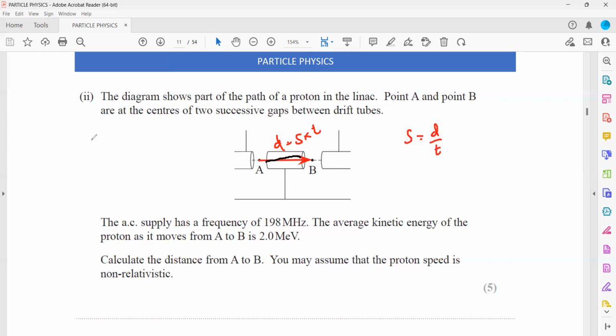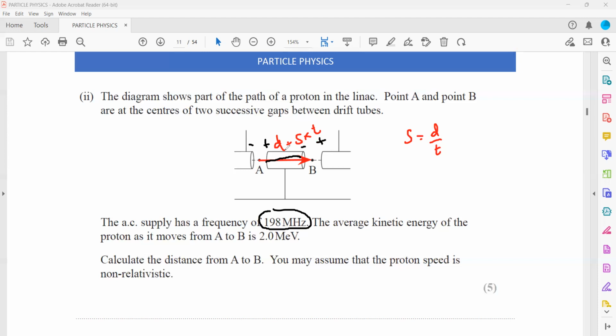So how to solve such a question? The frequency is given. Using the frequency, we can work out the time, because that will be the time taken when the polarities change. Because it is a proton, first say this is negative positive.